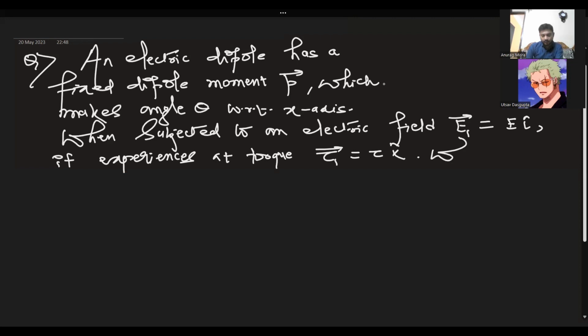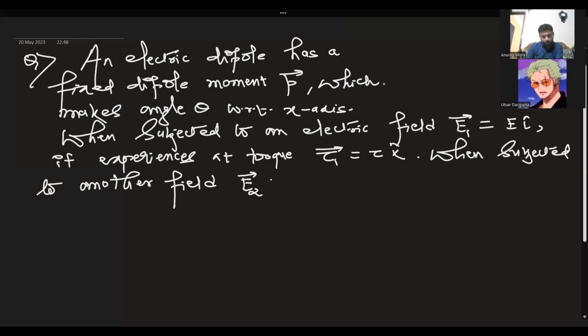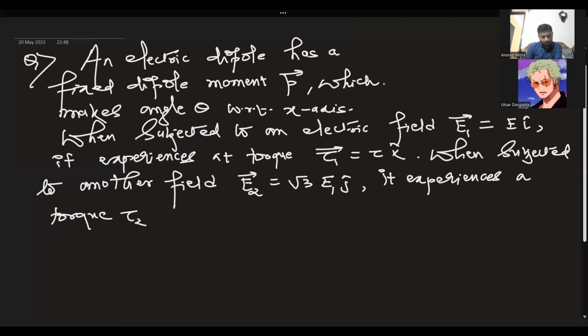Subjected to another field, when subjected to another field E2 equals to root 3 E1 j cap, it experiences torque tau 2 equals to minus of tau 1.